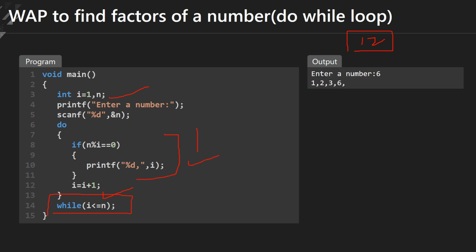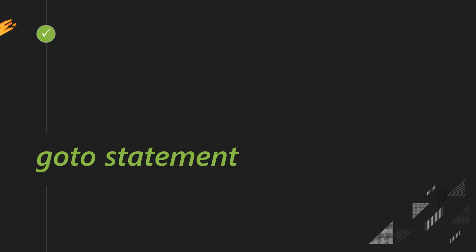Look at this: 6 is given, n is 6, which is divided by 1, and the remainder is 0, so it prints it. Then 2, remainder is 0. 3, remainder is 0. 6, remainder is 0. So it prints all these numbers.